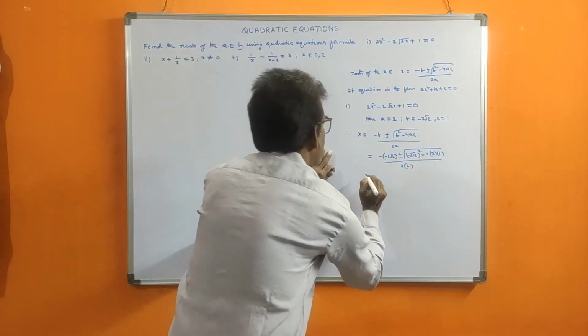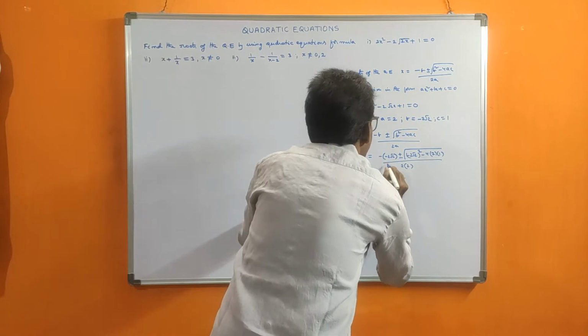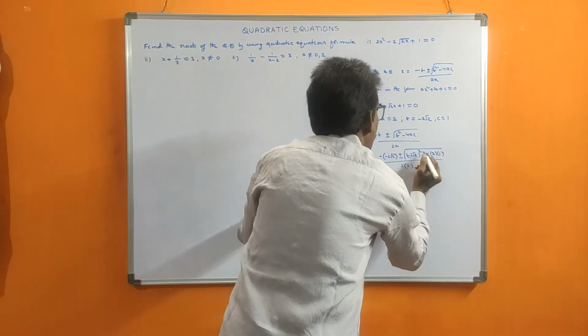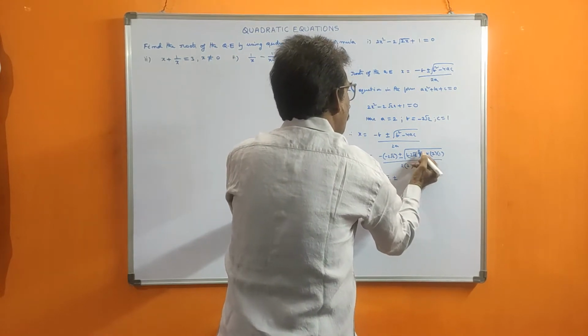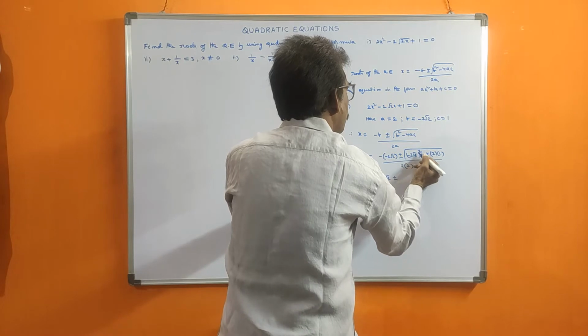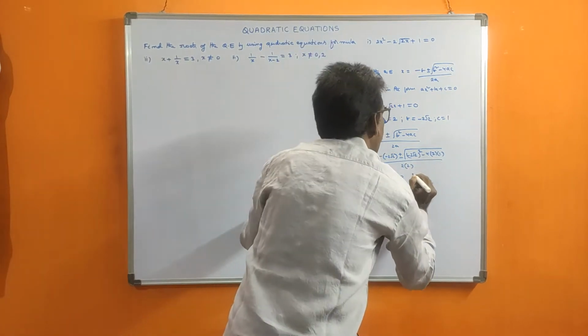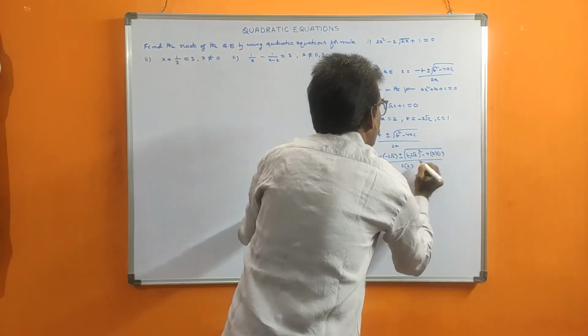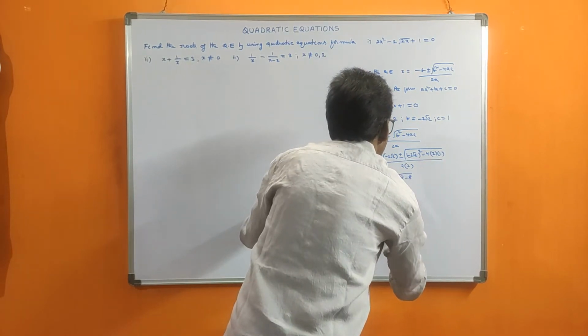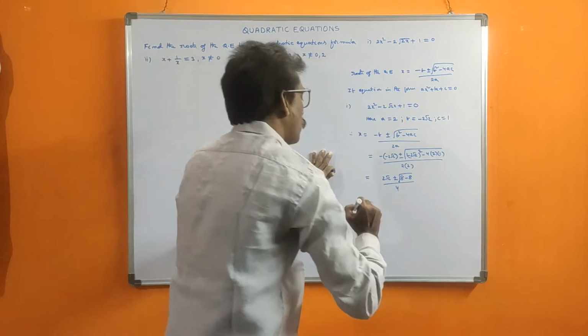Now, minus into minus is plus, so plus 2 root 2, plus or minus. This square means 2 2s are 4, root 2 into root 2 is 2, 2 4s are 8. Minus square means plus only, so this becomes plus 8, minus 4 2s are 8, under root, divided by 2 2s are 4.